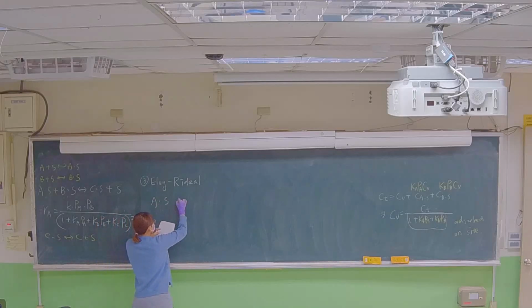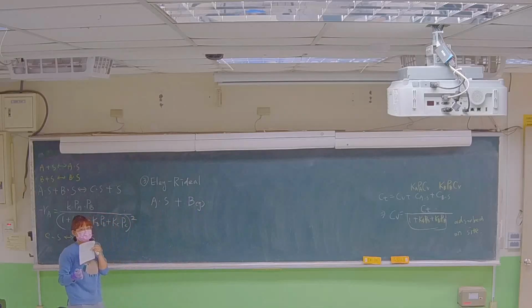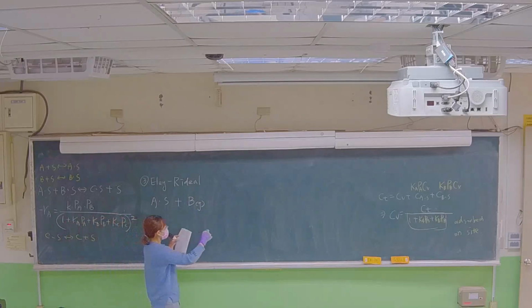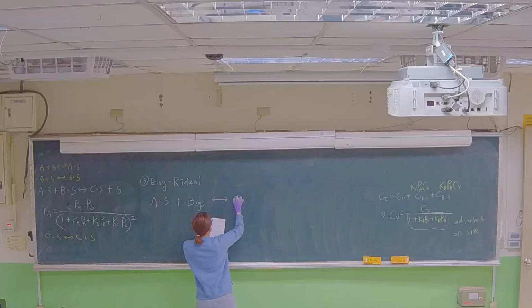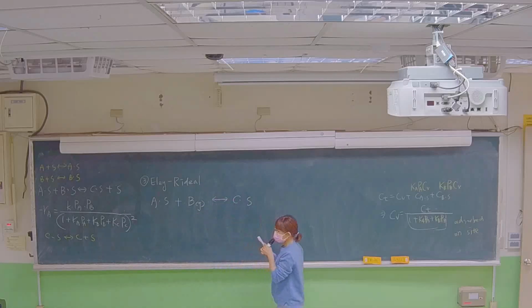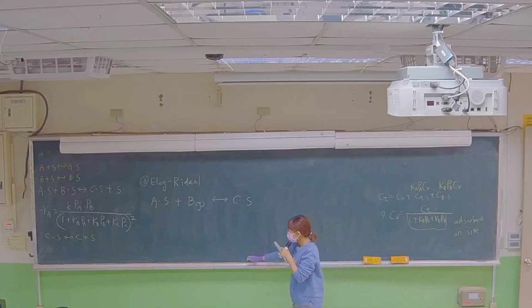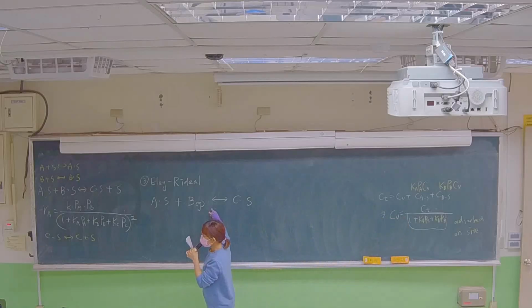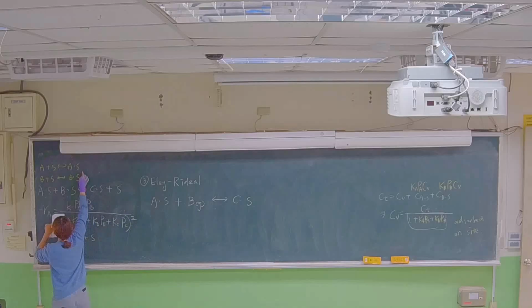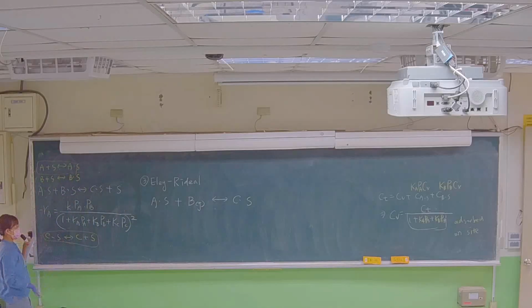The other reactant is free, it's in gas form. And after reaction, we got this one. So how about this one? For this one, the adsorption part is only this one, and the desorption part is this one.